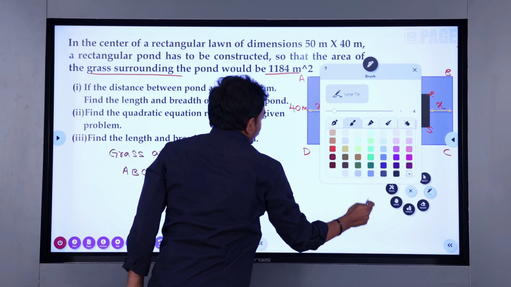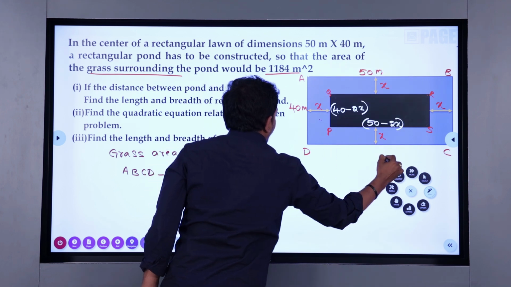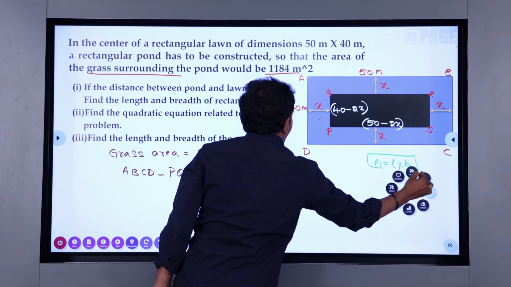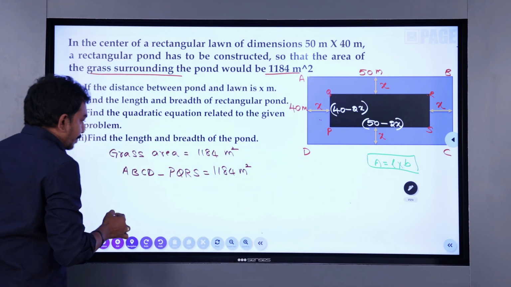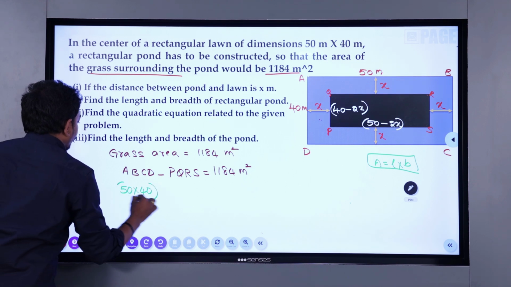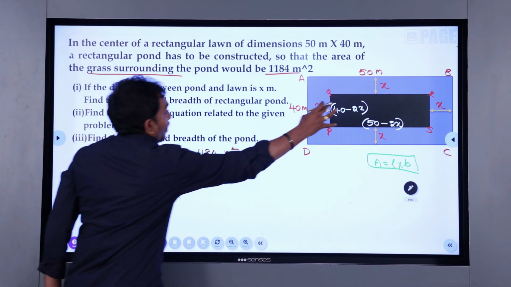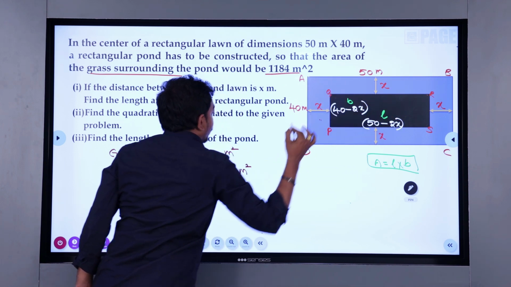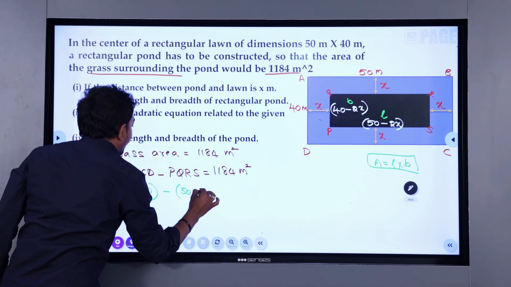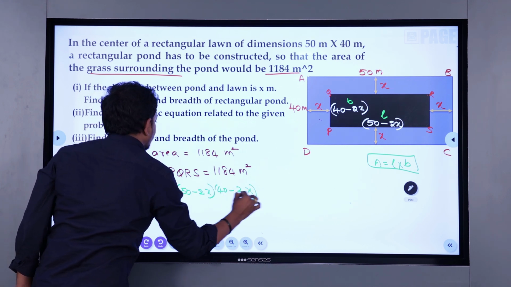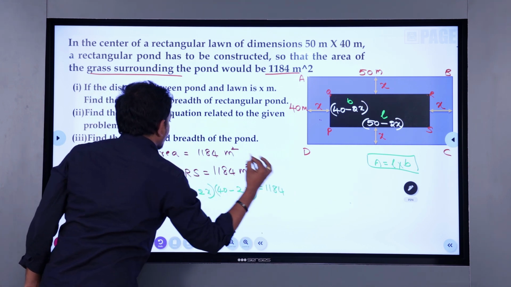So the length of the rectangle is L, breadth is B, so the area of the rectangle would be L into B. Here the area is 50 into 40 minus, what about the area of this rectangle? Length into breadth again. So this is 50 minus 2x times 40 minus 2x, equal to 1184 square meters.